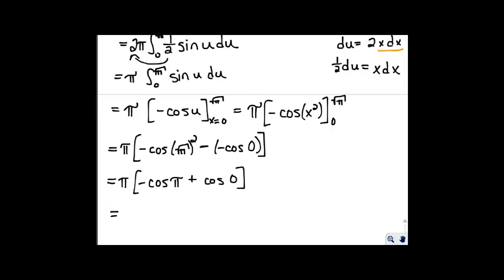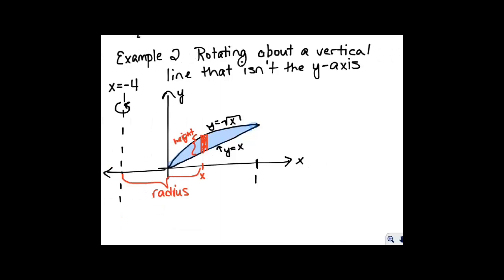Okay, so the cosine of pi is -1, so we get negative negative 1, plus cosine of 0, which is 1. So that gives us 2 pi as the value of our integral.